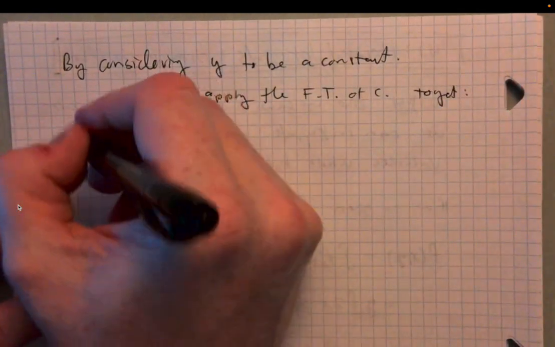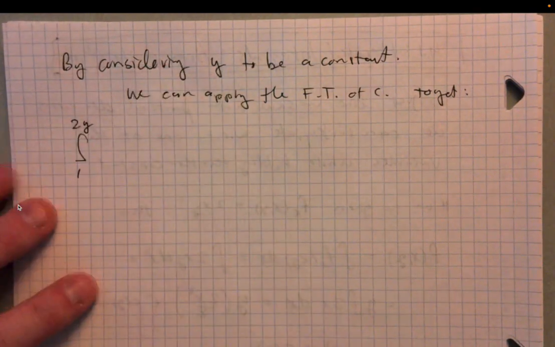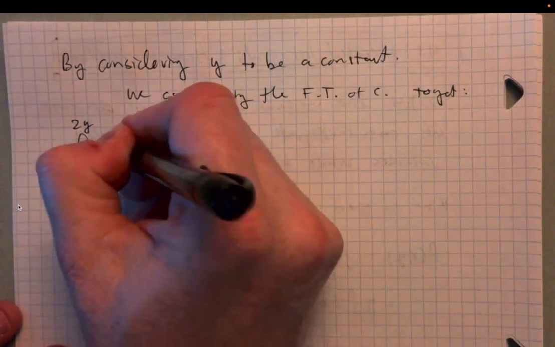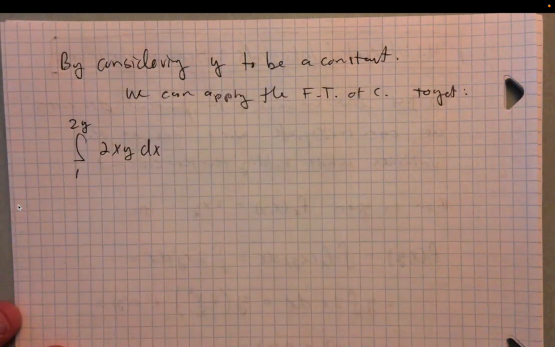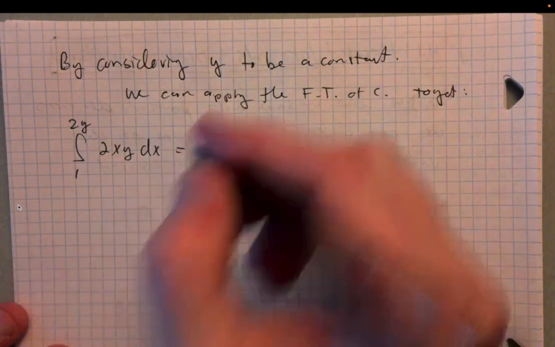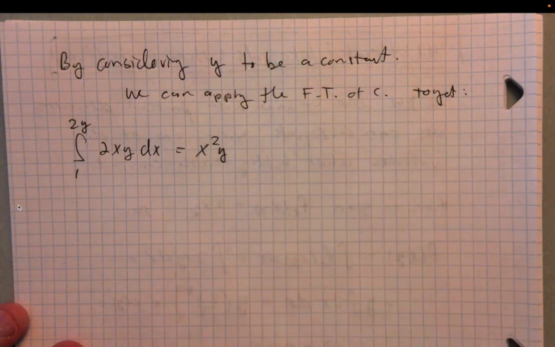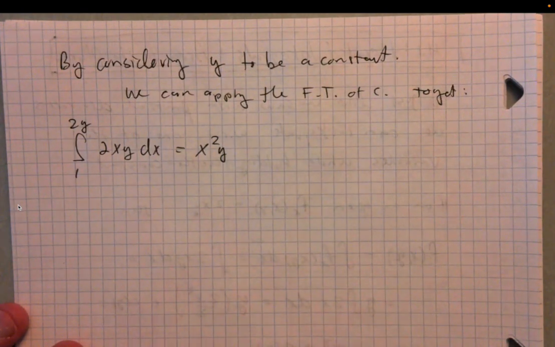Okay, so again, this is back to our previous example. If I integrate from 1 to 2y of that partial derivative 2xy, okay, then integrating this, we just saw, produced x squared y plus some constant, but this is a definite integral now, right?